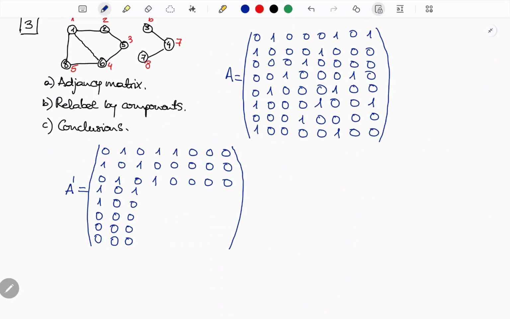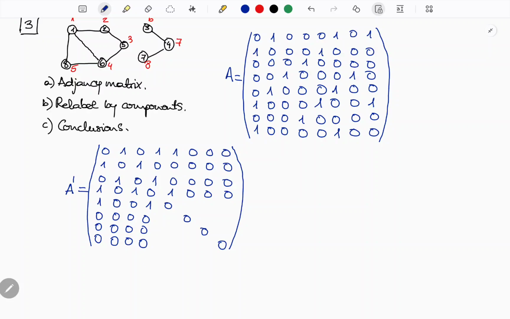Let's go for node 4. Node 4 is linked to nodes 3 and 5, and also to 1. So I have here this 1 and the rest are zeros. Okay, so this is the diagonal.